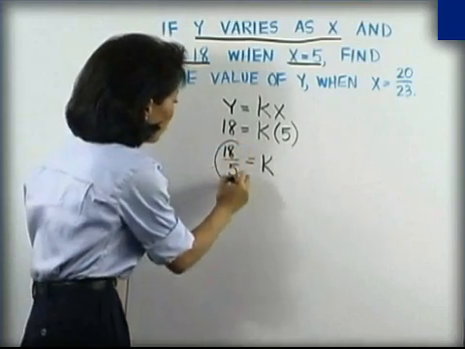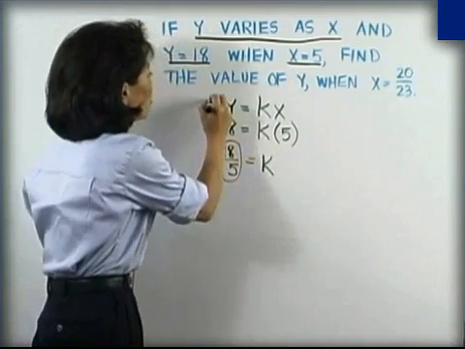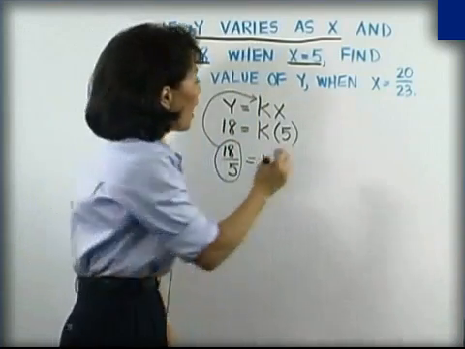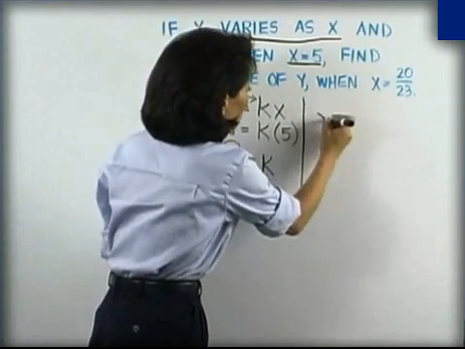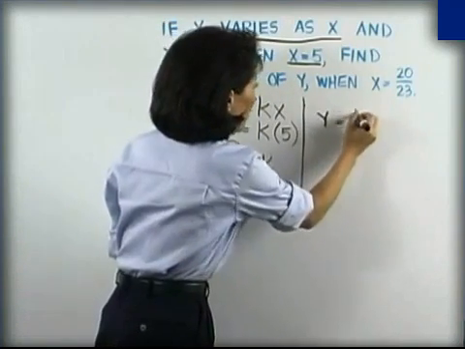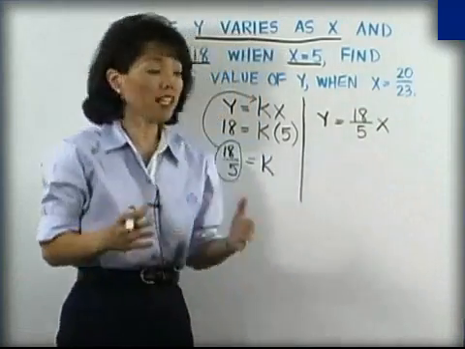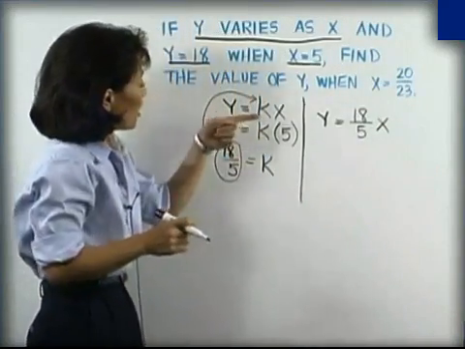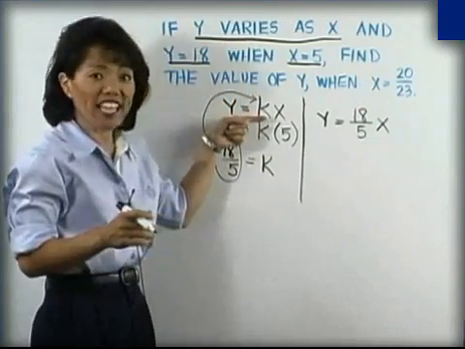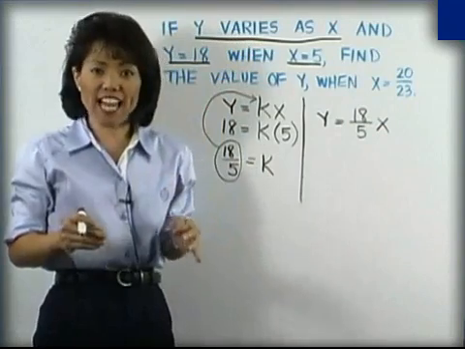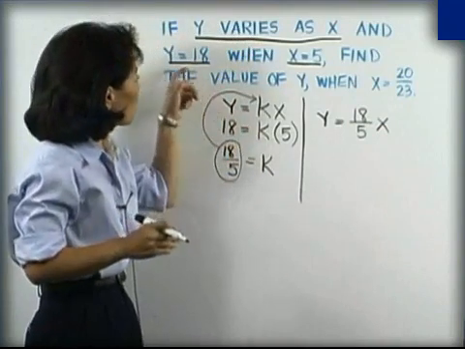We're going to take this value and put it into our variation equation, and our new equation is y is equal to 18/5 x. Now, all I did again, here's my equation of variation. I get this from the statement right here, y varies directly as x. It's a direct variation.